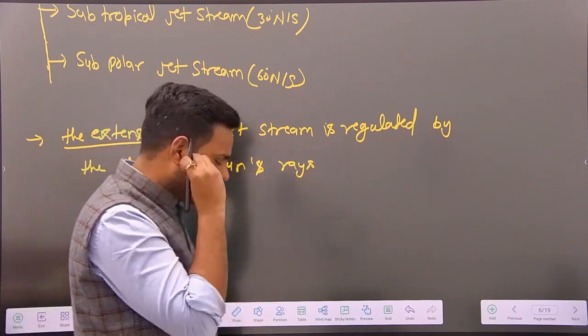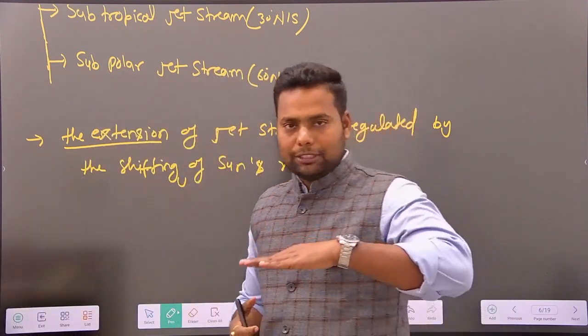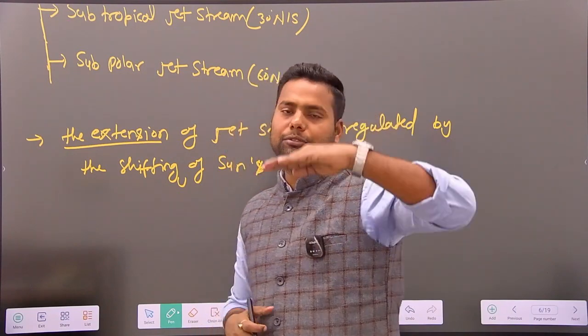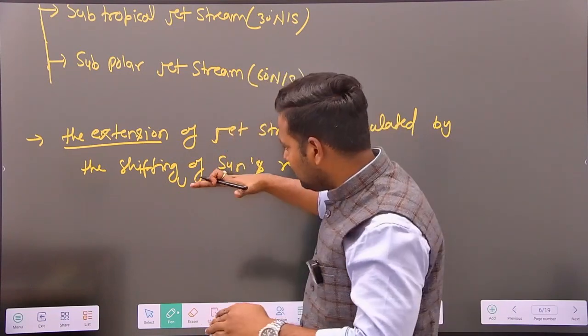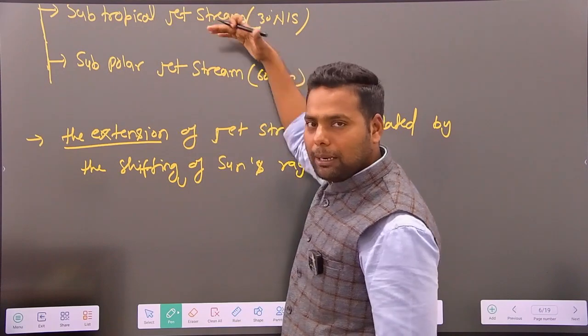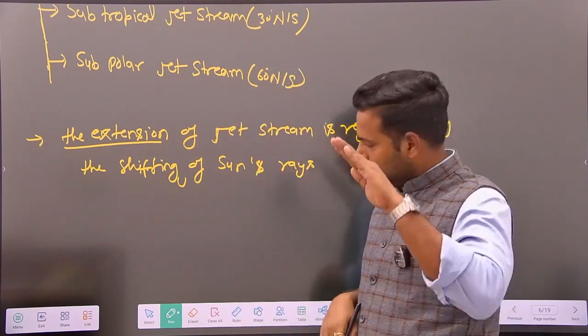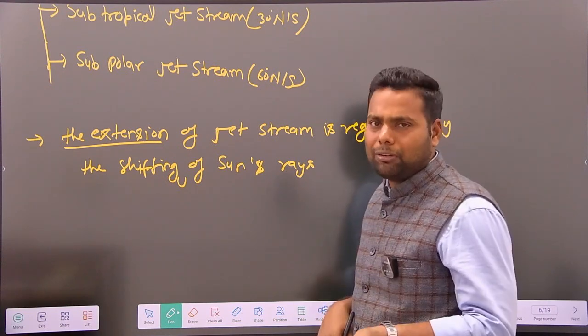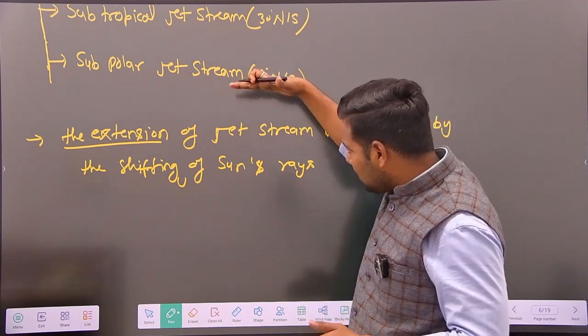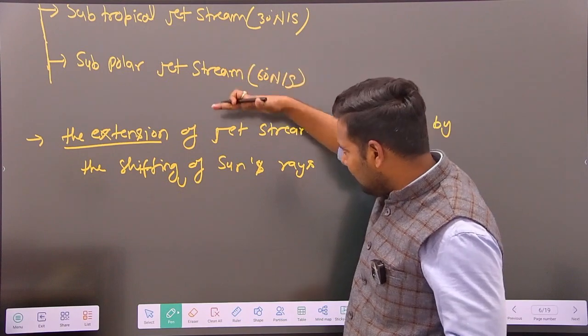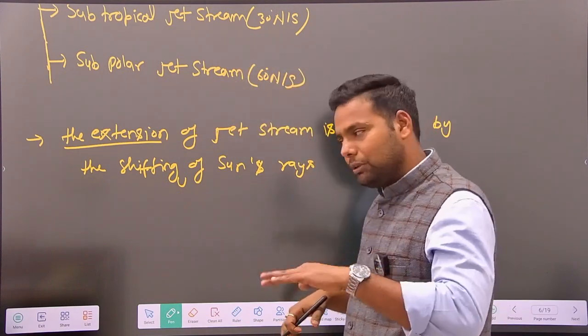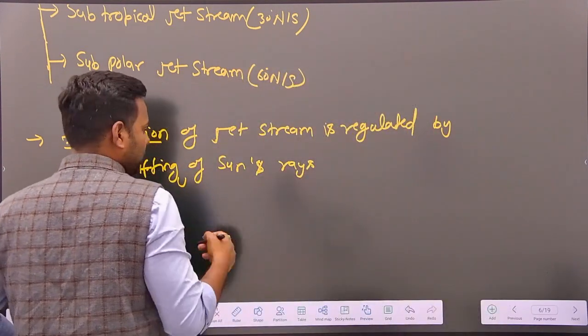What is the meaning of shifting of sun's rays? It means when the apparent movement of the sun is in the northern hemisphere, the jet streams move upward. When the apparent movement of the sun's rays is towards the Tropic of Capricorn, the jet streams move slightly southward and down as well. Okay, I hope that is clear.